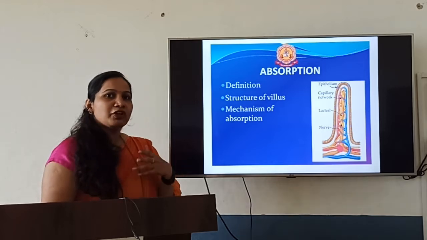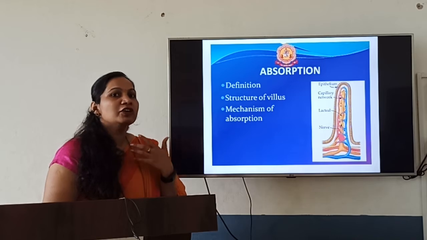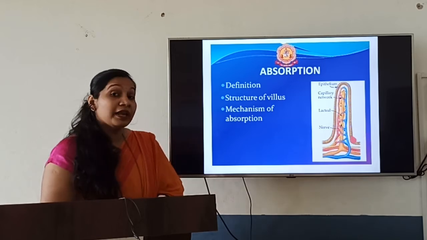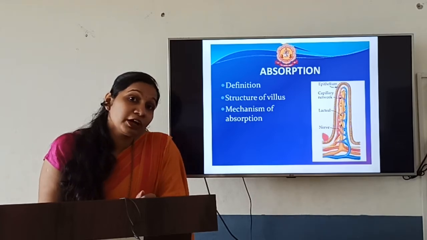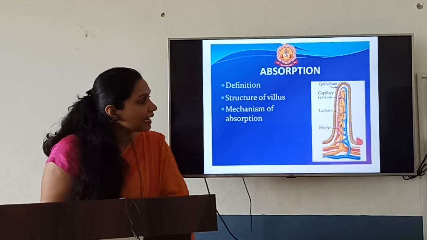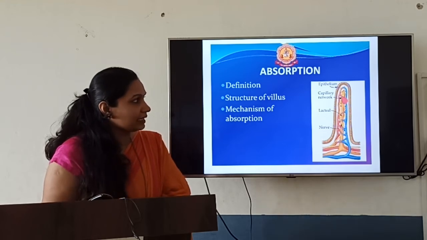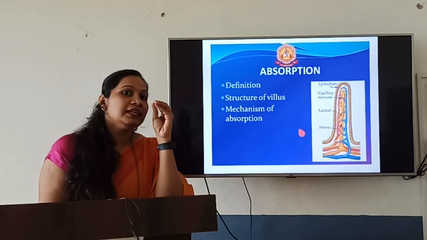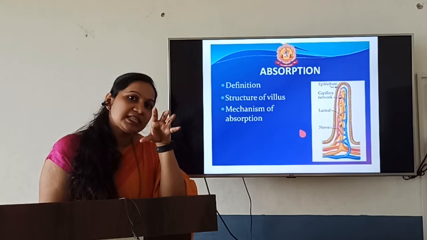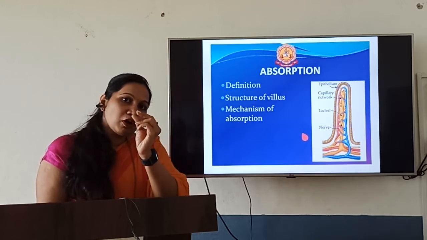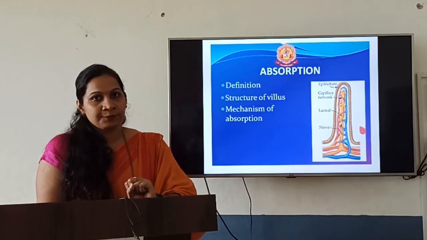The end products of carbohydrate digestion and protein digestion will be absorbed by these blood vessels. Whereas the end product of lipid digestion has to be absorbed by the lacteals, which are made up of lymph. The end products of lipid digestion are broken down into small droplets known as micelles.